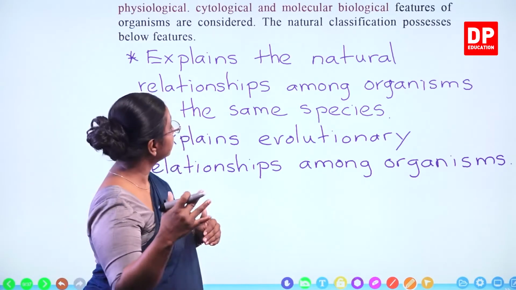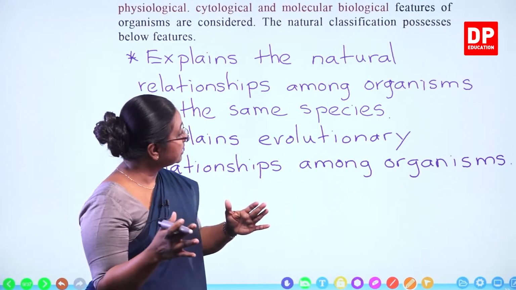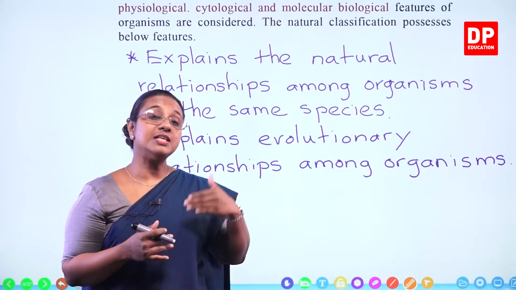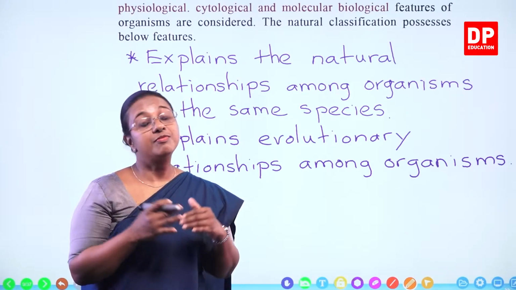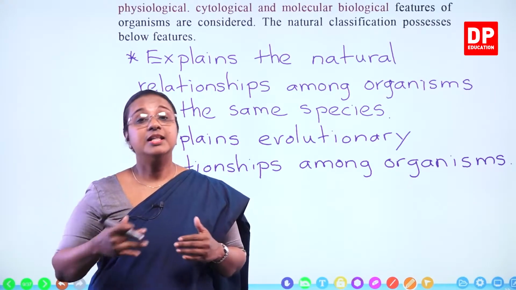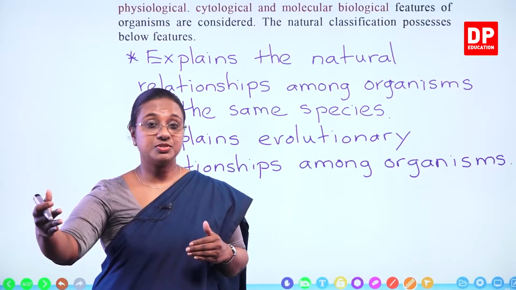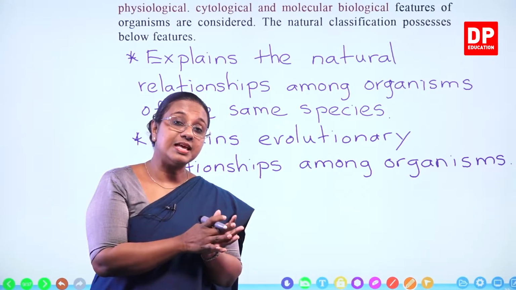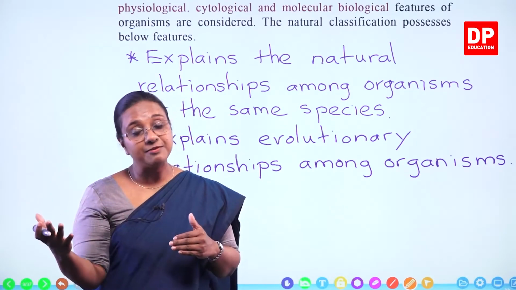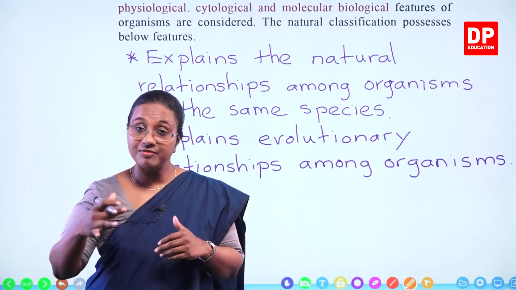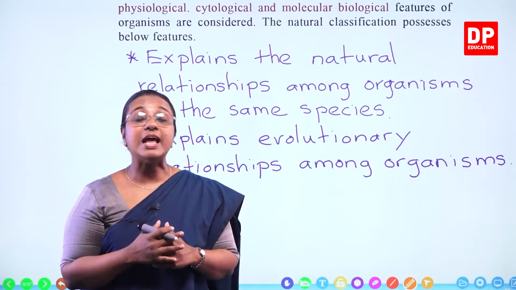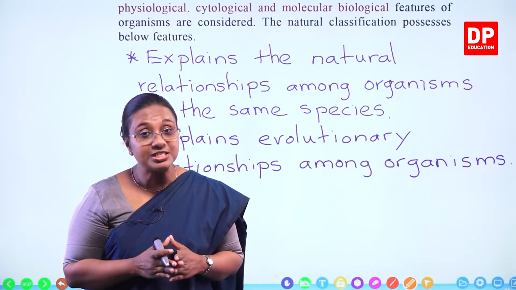Under species, there are subspecies also. For example, if you take a dog, there are different breeds of dogs. So they might come under the same species or they might be different species. But if they are under the same species and they have different types, then you can understand the relationship between them.